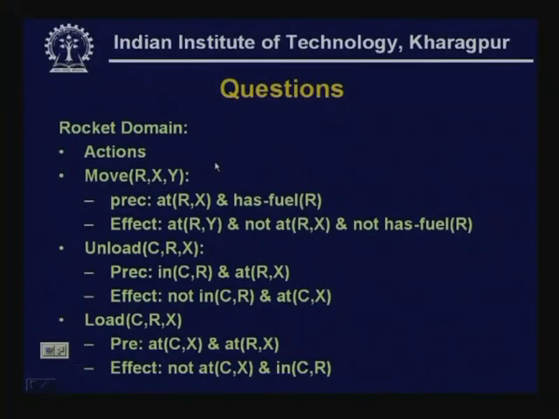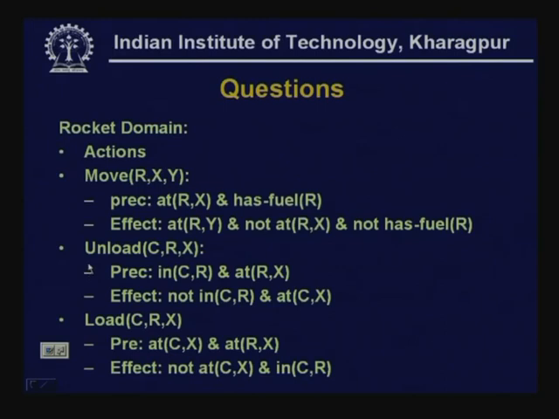The domain that we will be considering is a rocket domain, where we have the following actions. Move r x y, move rocket r from x to y, precondition is at r x and has fuel r, effect is at r y and not at r x and not has fuel r.